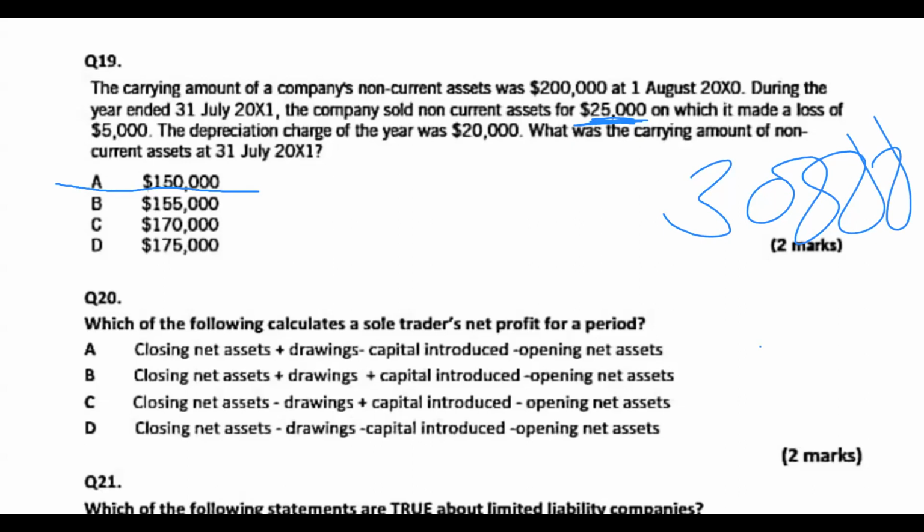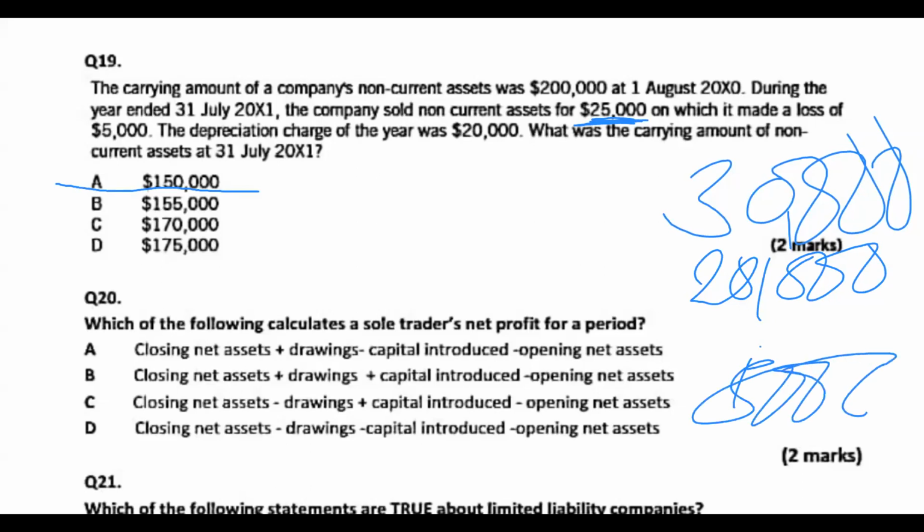Remember, we are calculating what was removed from the asset, whether it was removed as a loss, or because we sold it, or because it depreciated. So whatever was removed from the assets was this total. So you have 30,000 plus 20,000 giving you 50,000. That should be subtracted from 200,000 to give you 150,000.